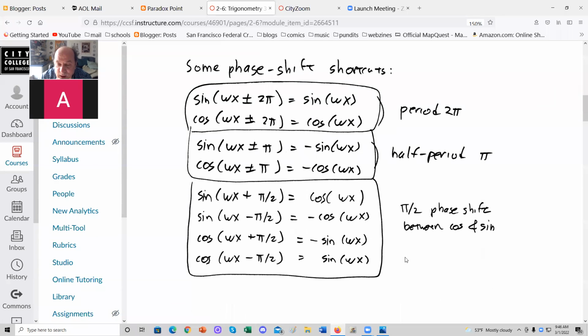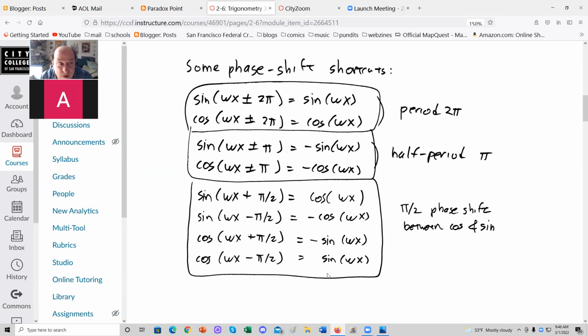That's the half period. Now, if you add or subtract pi over 2, this gets a little more complicated. It turns sines into cosines. And I have to admit it's a little difficult to remember which is positive and which is negative. Add or subtract pi over 2 inside a sine, and it turns into plus or minus a cosine. Add or subtract pi over 2 inside a cosine, and it turns into minus or plus sine.